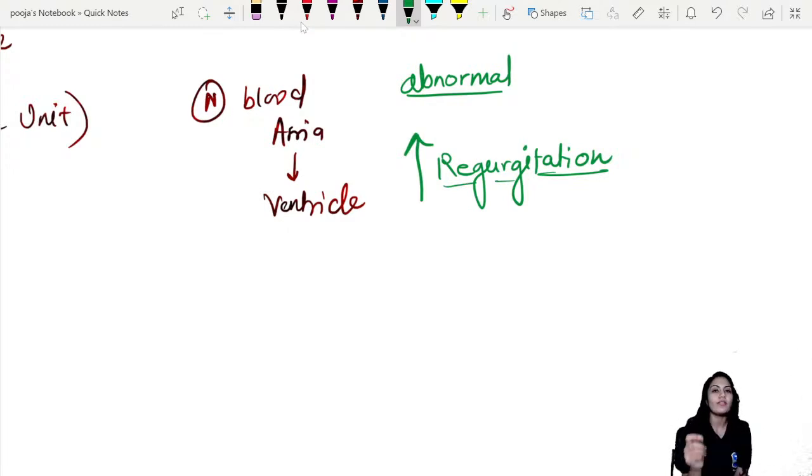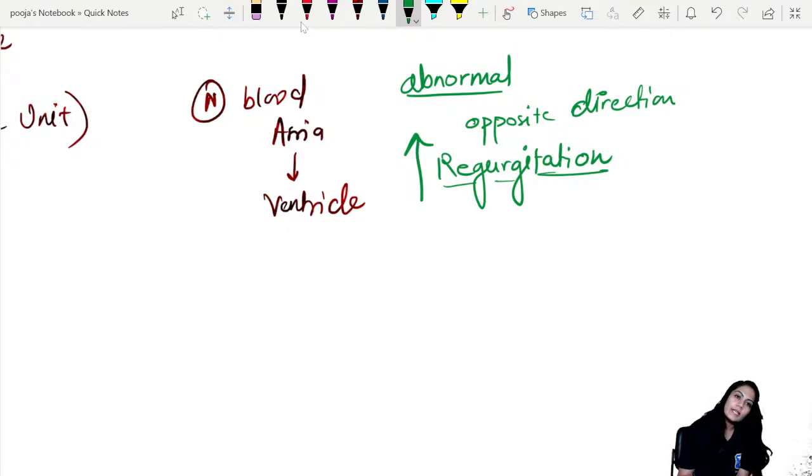You must have heard of aortic regurgitation, mitral regurgitation, semilunar valve regurgitation. Regurgitation means going in the opposite direction, right? So this is the basics, right?